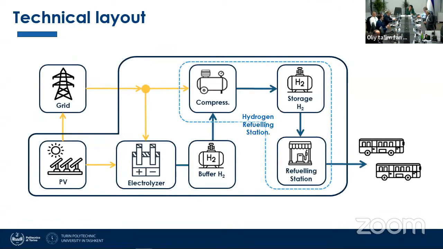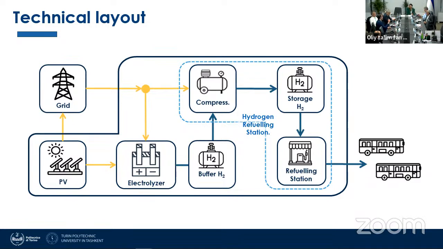So the technical layout is quite easy here, the schematic. We have an electrolyzer that is powered, of course, for the greatest part from solar energy produced on site, but also there is an option to be fed from electricity from the grid. Then we have a buffer to uncouple a bit the consumption with the production.